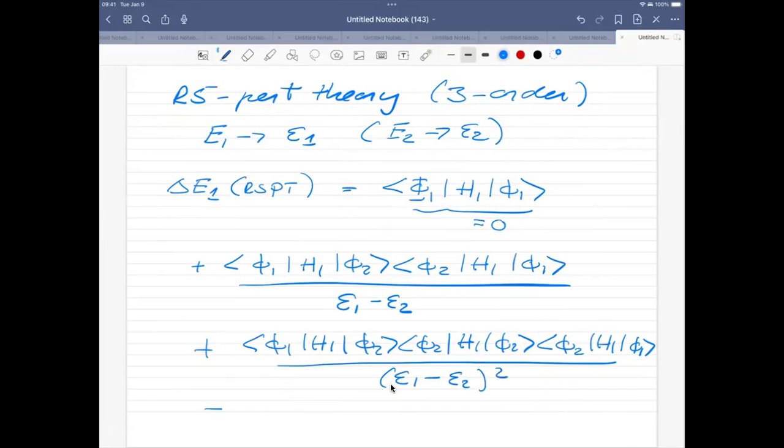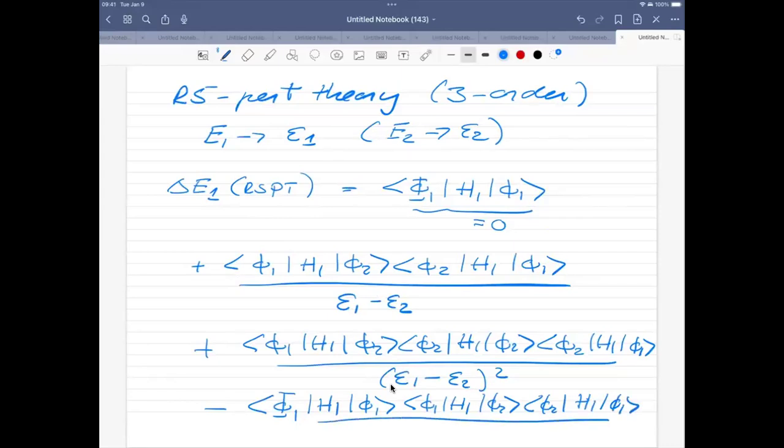And finally, we have this term which we will discuss in more detail later today. So this contains a phi 1 multiplied with a phi 1 H_I of phi 2 here of H_I of phi 1.